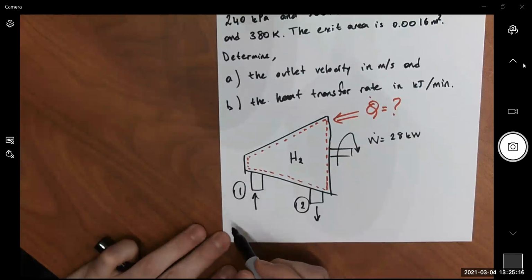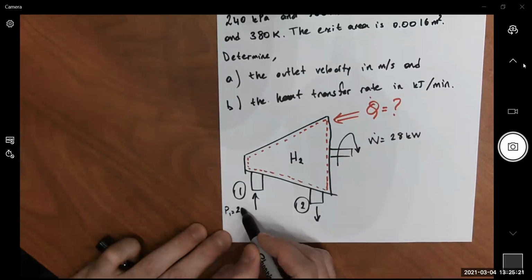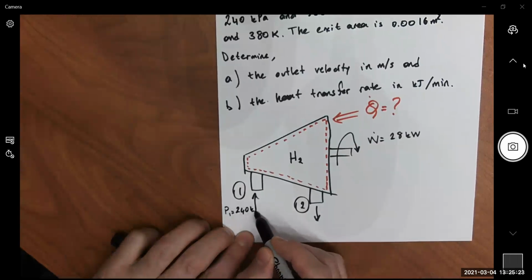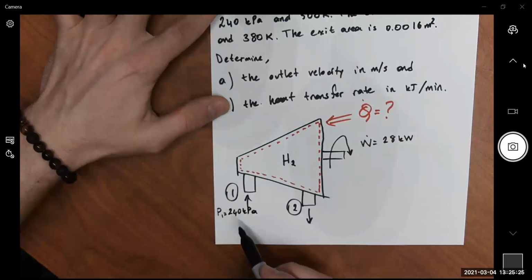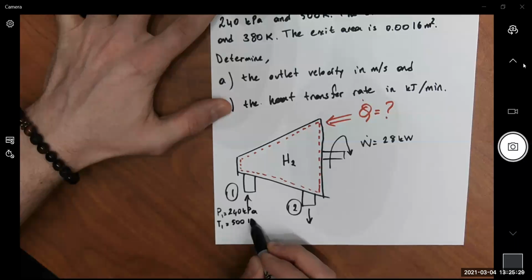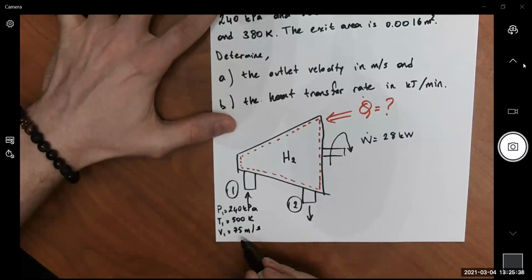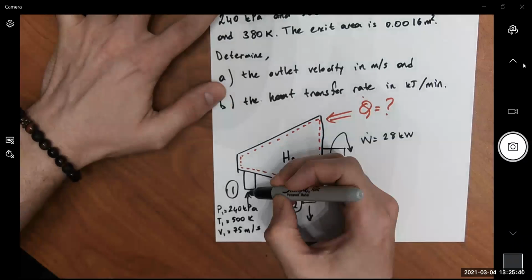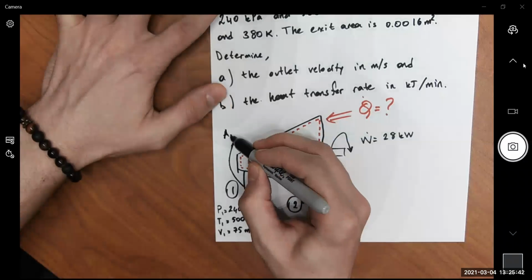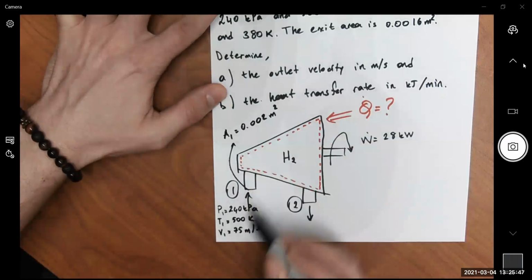The inlet pressure is 240 kilopascal. Temperature is 500 Kelvin. Velocity 75 meters per second. Area is 0.002 meters squared.